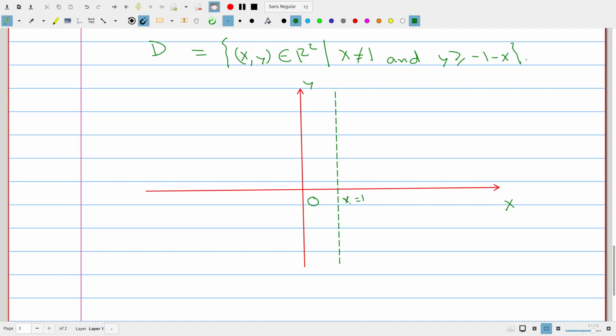And the region y greater than or equal to negative 1 minus x can be indicated by drawing the line first. The line y equals negative 1 minus x: when y is 0, x is obviously equal to negative 1. So the line looks like this.